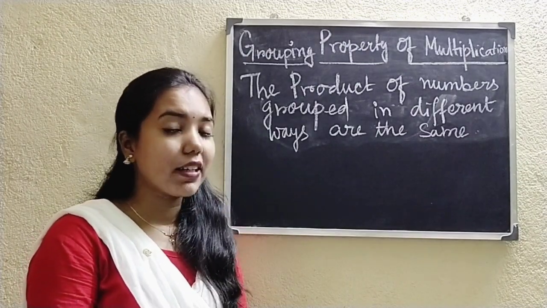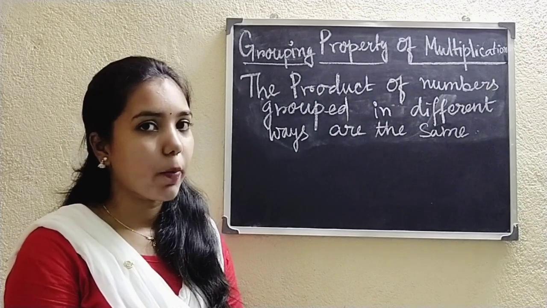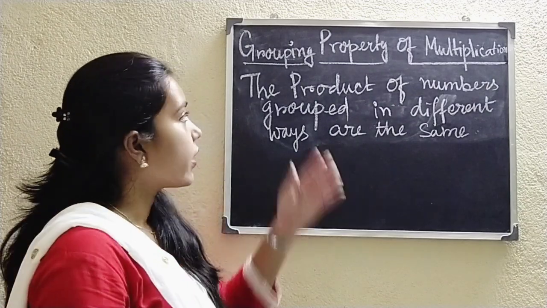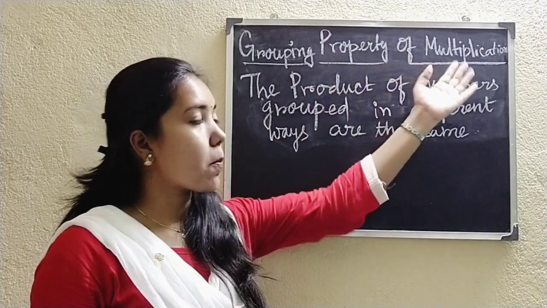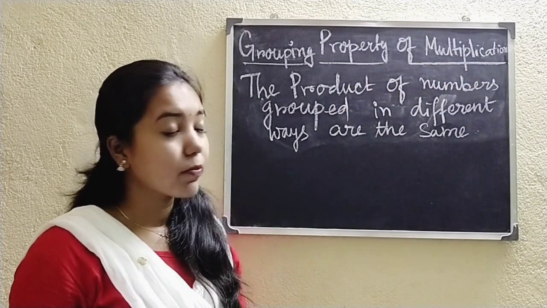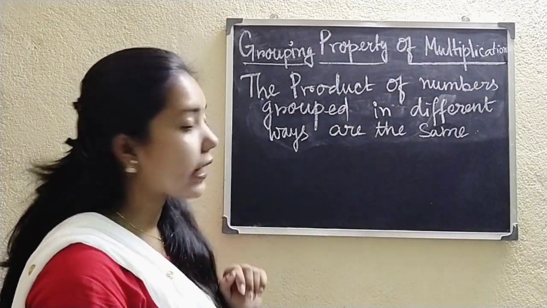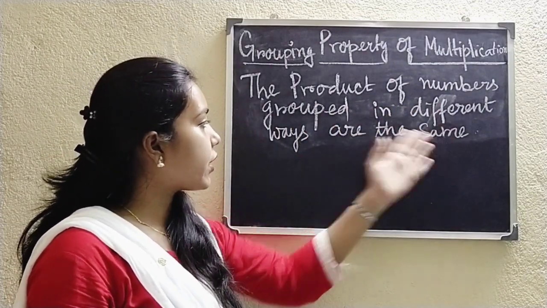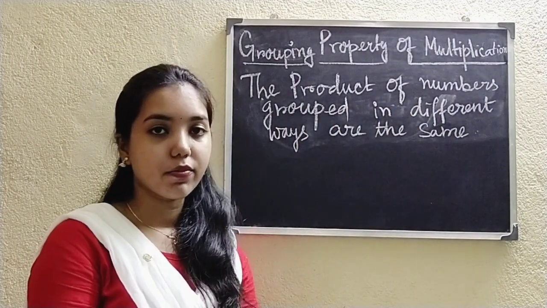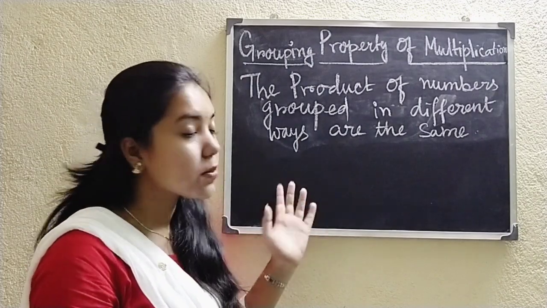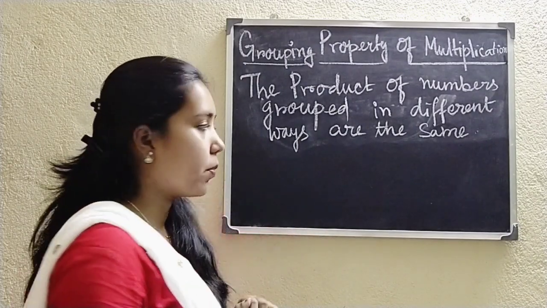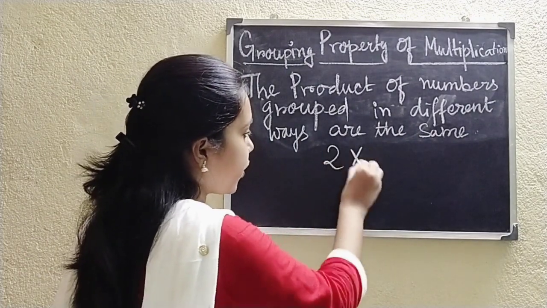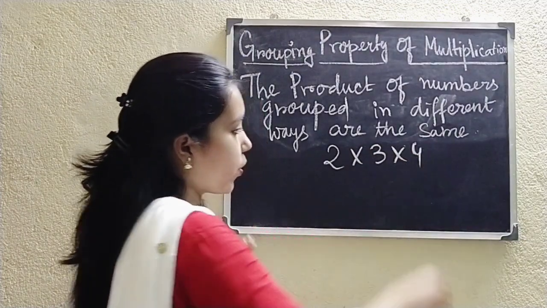Students, now we will discuss the second property of multiplication, that is the grouping property of multiplication. The property tells that the product of numbers grouped in different ways is the same. Now to understand this better, let us take an example: 2 into 3 into 4.